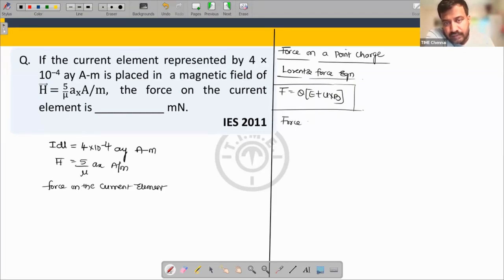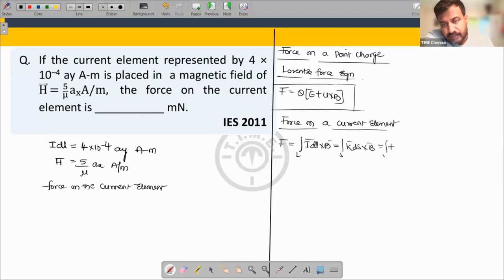You have force on a current element given by F is line integral of I dL cross B, surface integral of K dS cross B, volume integral of J dV cross B. Of course, you can apply this.